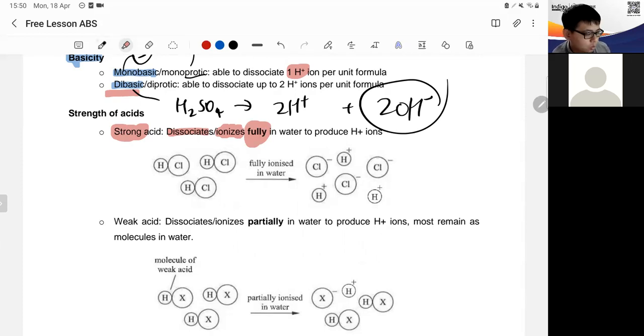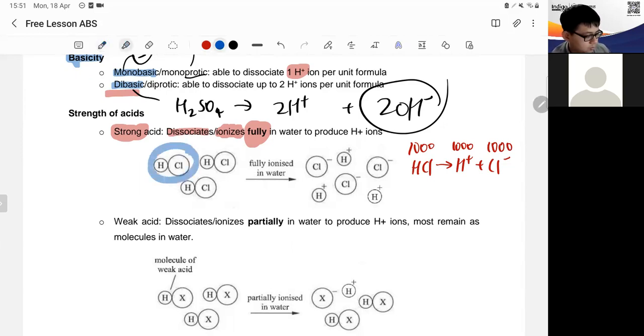So what it means is that if I tell you I have 1,000 molecules of HCl and I put it in water, I can definitely predict and expect it to completely break up, totally, 100%, to give you 1,000 of this and 1,000 of that, with no HCl remaining. So you look at this diagram. At the start, I have 3 of this. Let me highlight this.